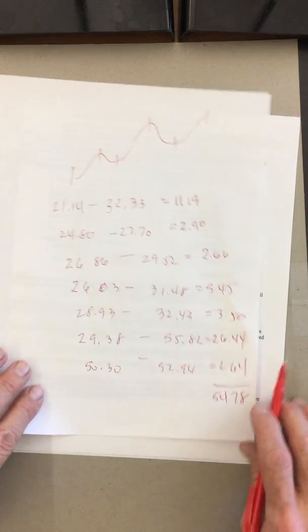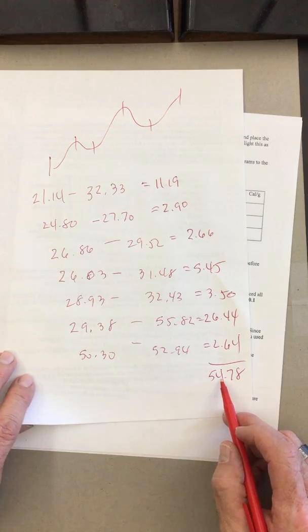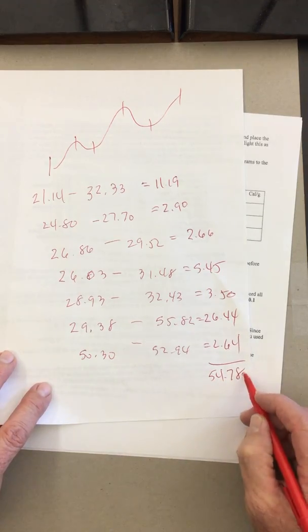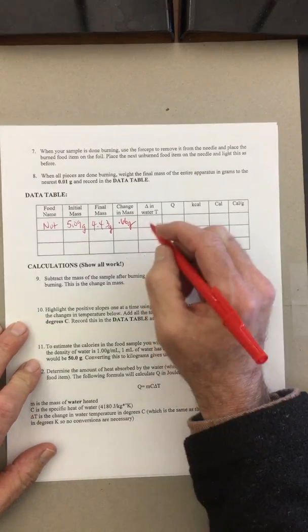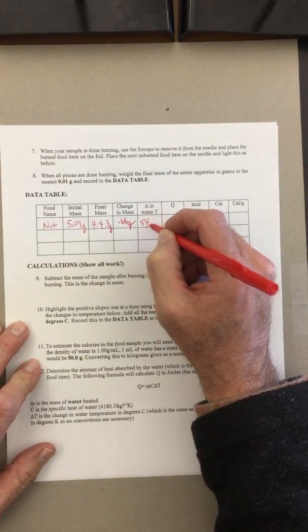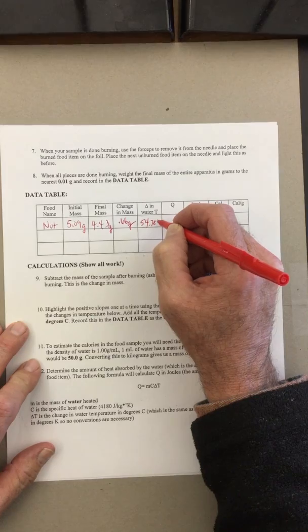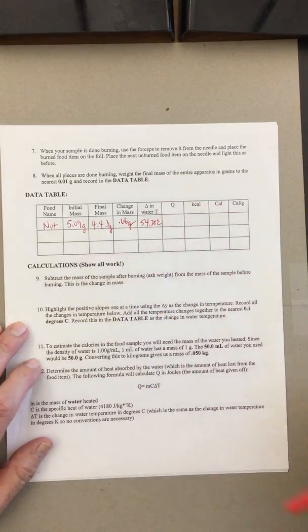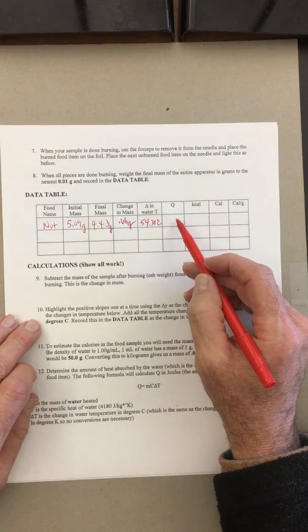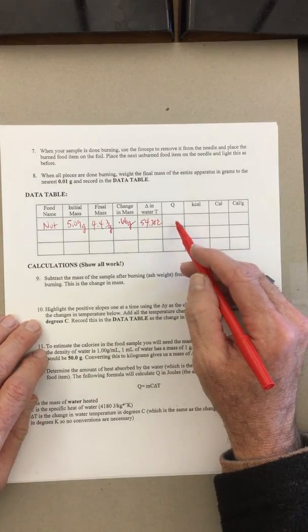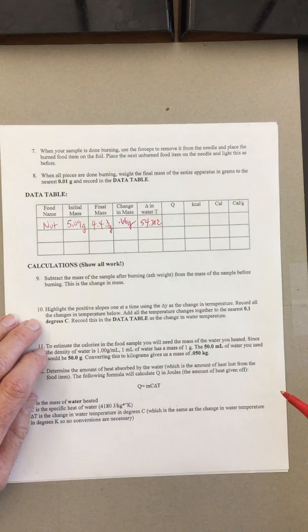And I added those up all together, and I got 54.78 degrees Celsius. So the temperature change of the water was 54.78 degrees Celsius.